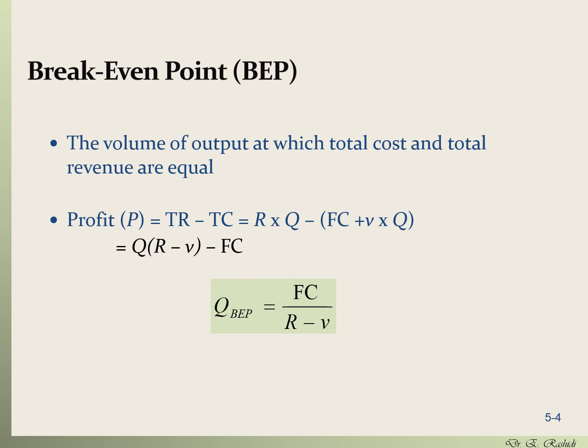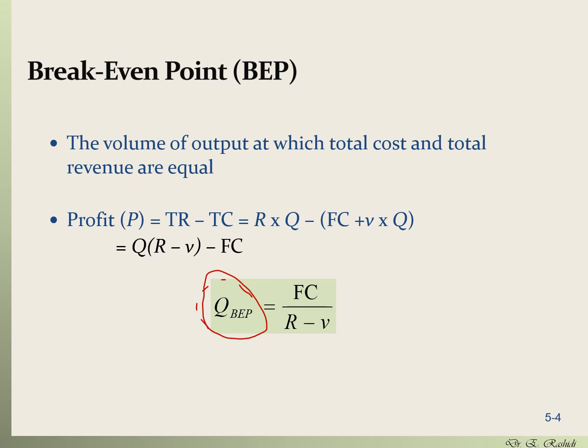That means that you are break-even. You don't make money, you don't lose money. So that's the break-even point. And that quantity, we show it by QBEP, Q break-even point. So this is the quantity at which you don't lose money, you don't gain money.